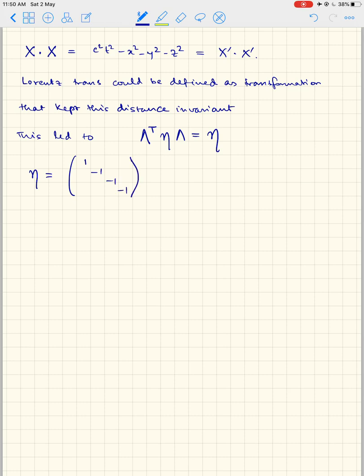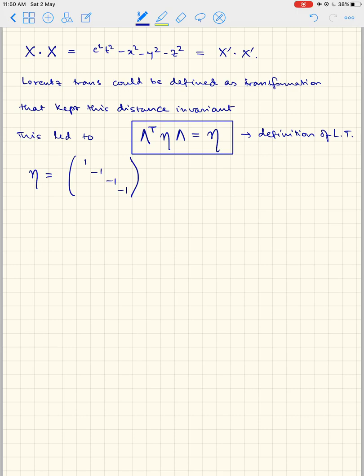This was the defining equation of these transformations. So this was our definition of Lorentz transformations.